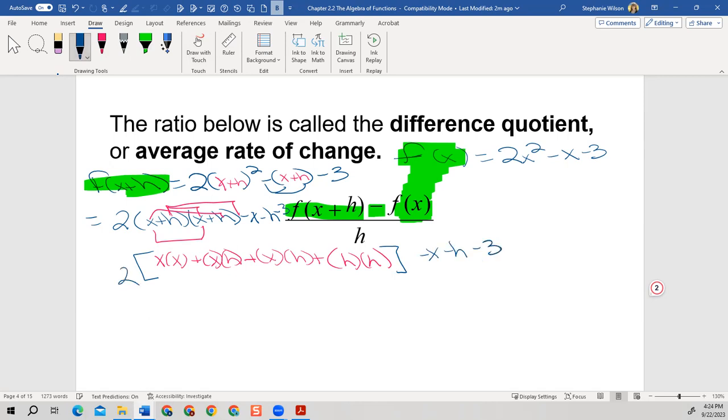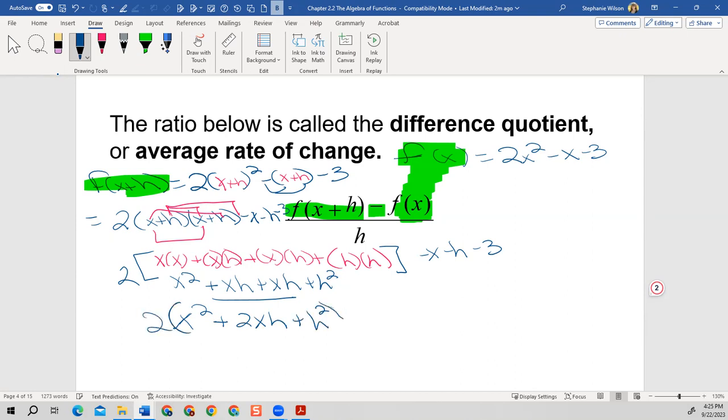All right, let's finish this up. x times x is x squared. And then xh plus xh plus h times h is h squared. These two can be put together because they're like terms. So xh plus xh is 2xh plus that h squared.